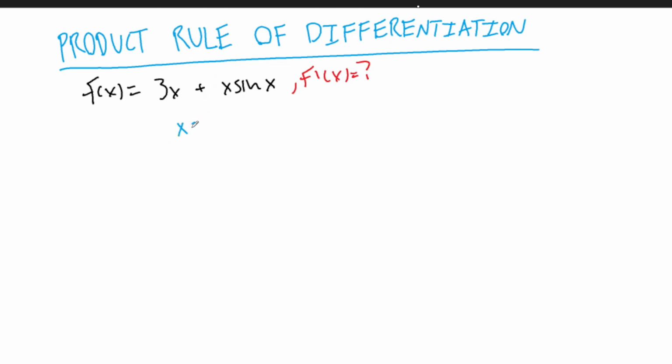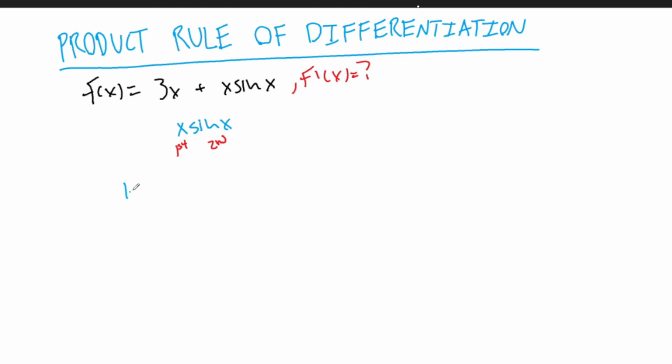So let's write our function here, x sine x, and we want to find the derivative of this. So let's first find our first and second part. So x is our first part, and sine x is our second part. So let's start by using the definition of the product rule and finding that the derivative of the first part is just 1, right?